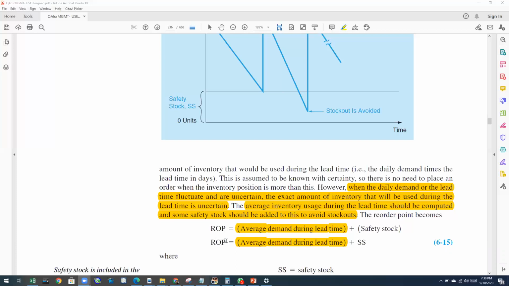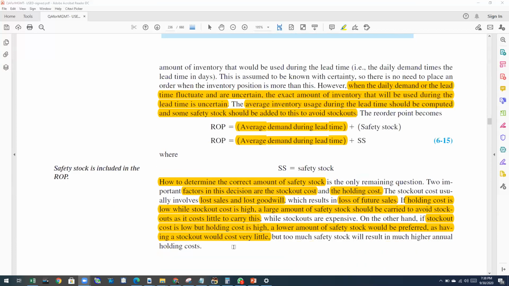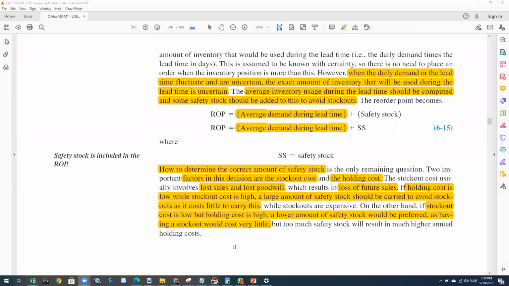Again, with uncertainty of demand or lead time, we need to calculate safety stock and add it to the average demand during lead time to come up with the estimated reorder point.